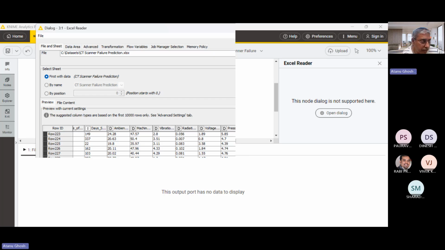So in such a scenario, what is the process by which you first define the features on which the machine failure will depend? Who decides that and how is it decided? Because many times when you are in an academic environment, you assume certain things as given.